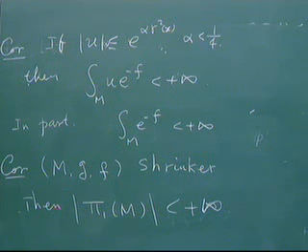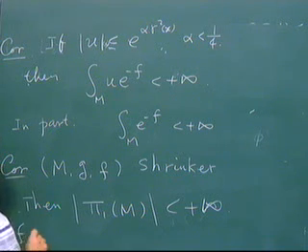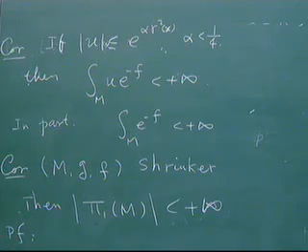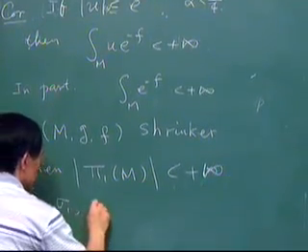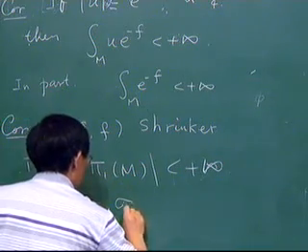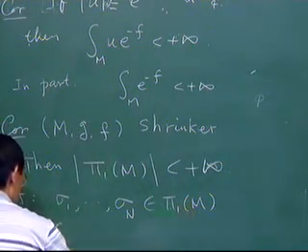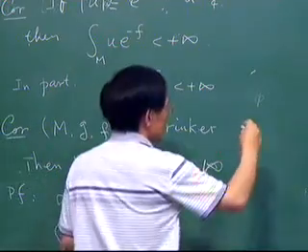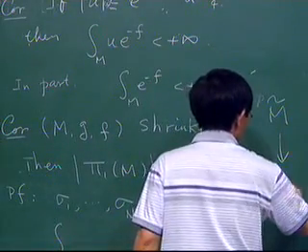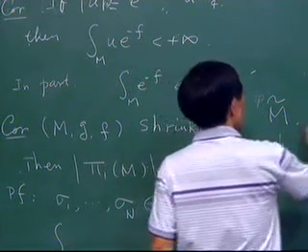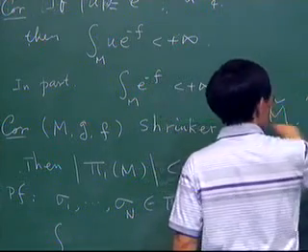It's an immediate corollary because if you take a universal covering of M, for each element in the fundamental group you have a copy of M. So if you have n copies, the universal covering continues to be a shrinking soliton. You can also lift the metric and the potential function.